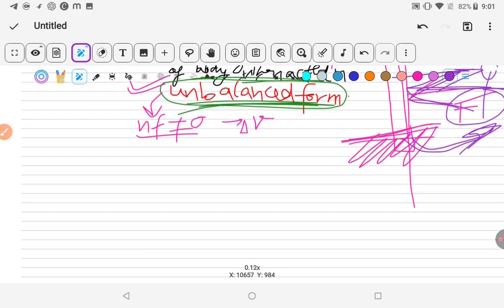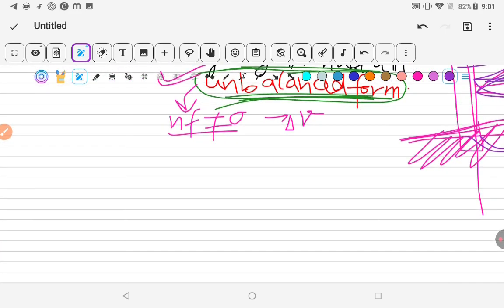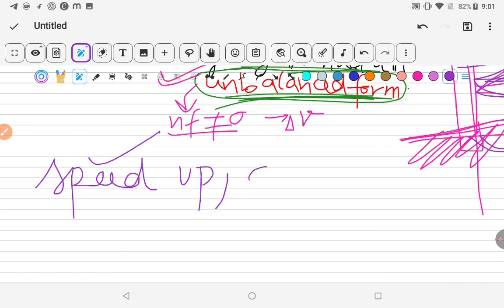So unbalanced is the opposite of it, when our net force is not equal to 0. We are either making the object speed up or slowing it down, or basically changing its direction.